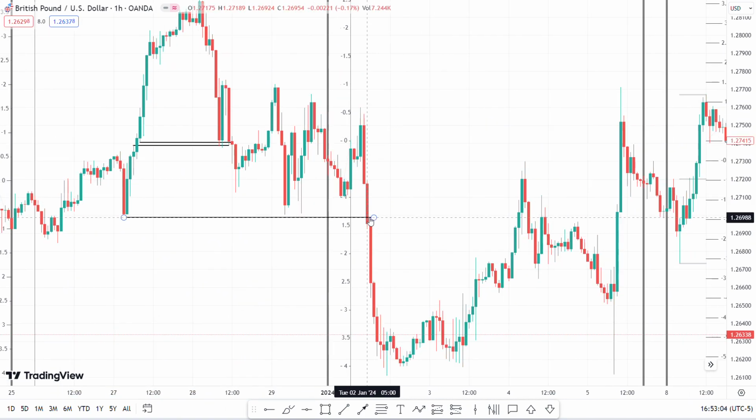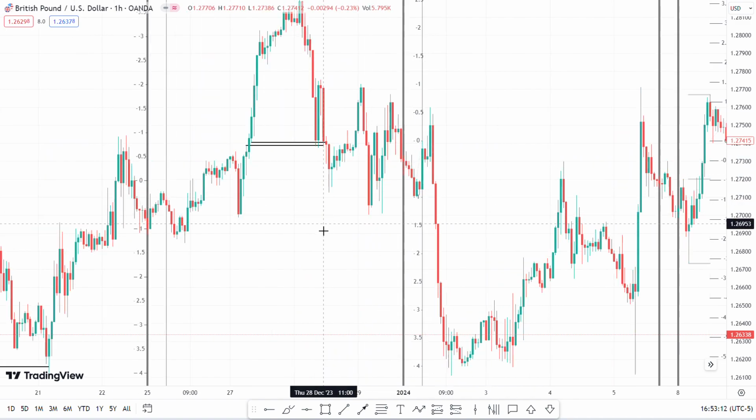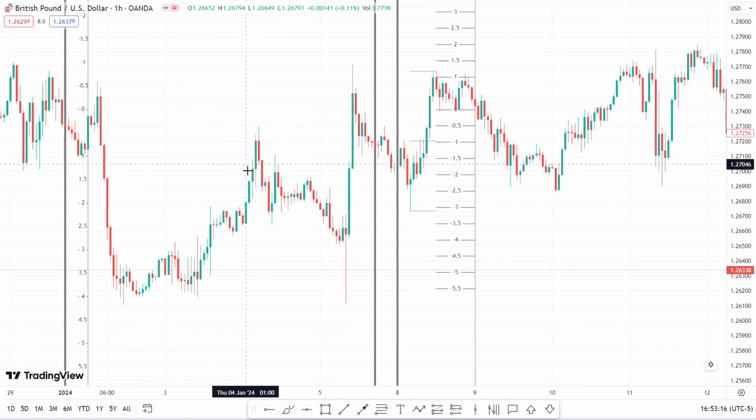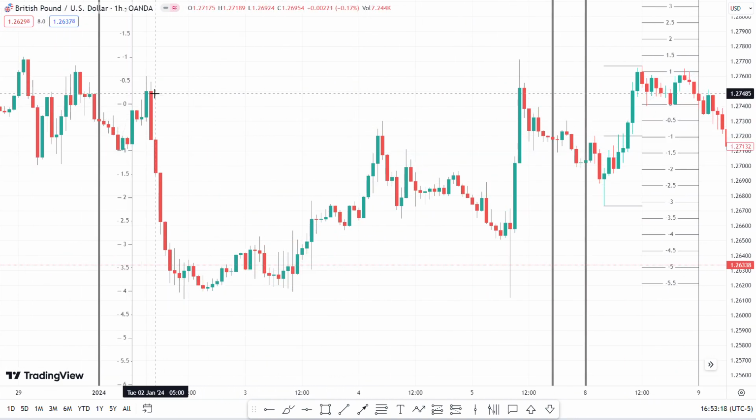So when it hits it Tuesday 5, hit your target. Then again, you see this level 0.5, Tuesday 3 o'clock during London session. Hits it, moves away to -4.